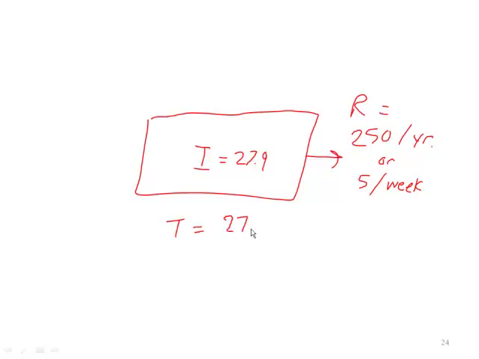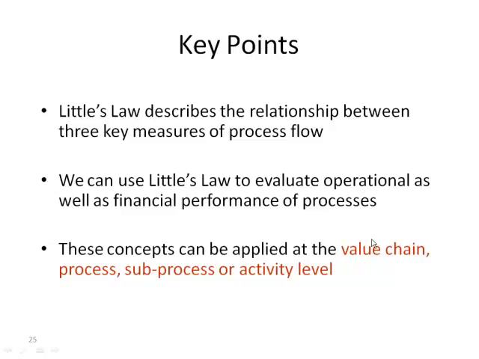Well, it's going to be 27.9, and if I divide that by a flow rate of 5 per week, the average flow time is going to be 5.58 weeks for $1 in accounts receivable. So what that's telling me is it's taking a little over a month for our customers to pay us. And obviously, again, anything we can do to bring down that number while supporting the same sales level is good from a financial perspective.